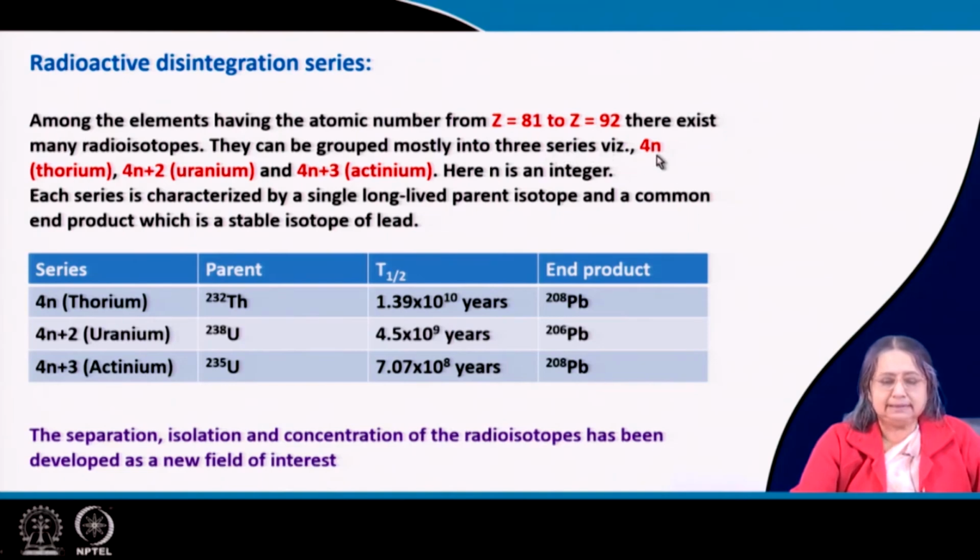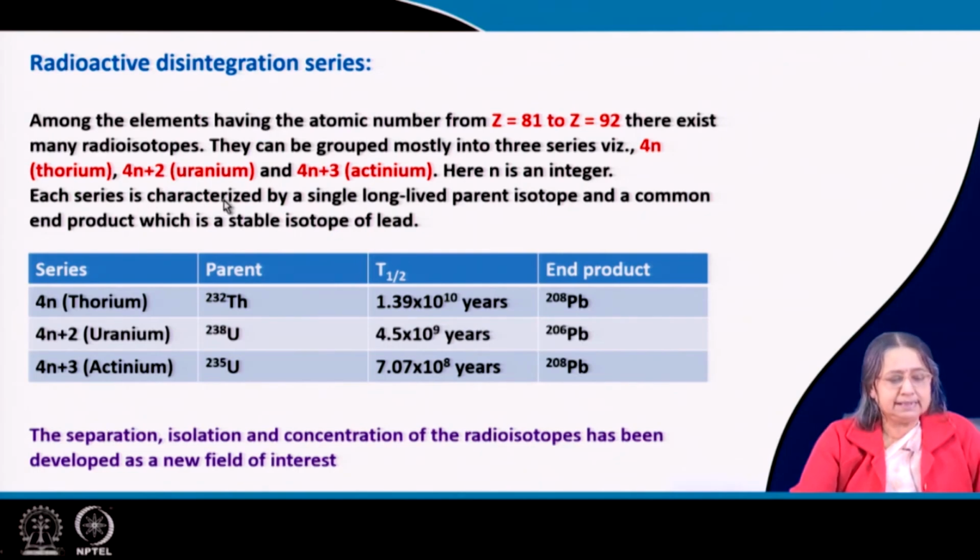One series is defined by thorium, that is the 4N series, another is 4N plus 2, that is the uranium series, and the third one is 4N plus 3, that is the actinium series. Here n is an integer, obviously.